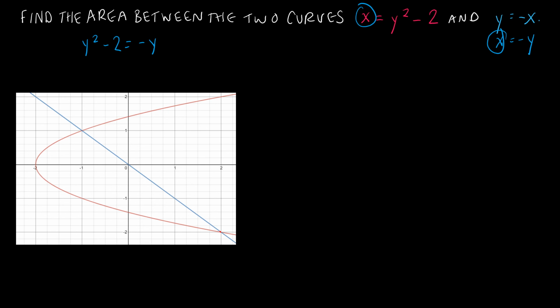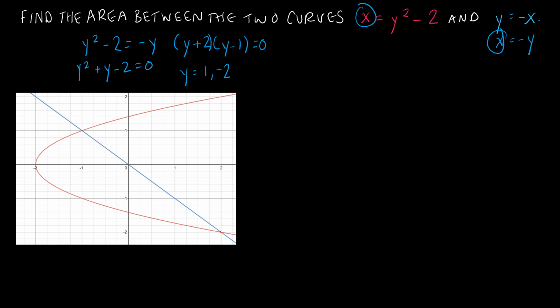Rewriting it, I have y squared plus y minus 2 equals 0. I'm going to factor that: y plus 2, y minus 1. Setting each of those binomials equal to 0, I have y equals 1 and y equals negative 2. So those are my limits of integration.